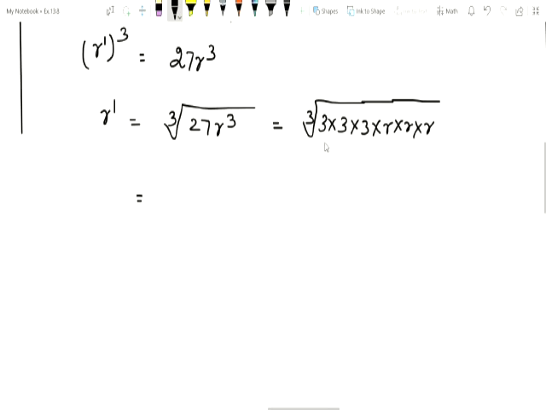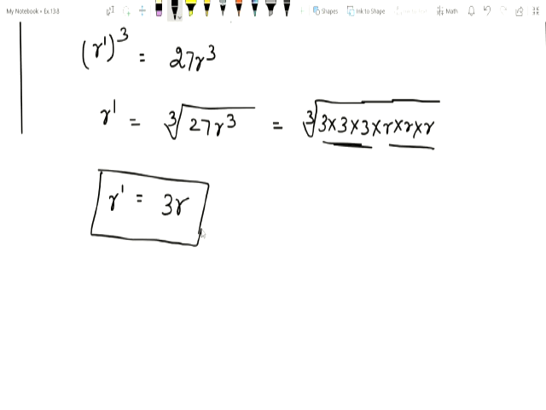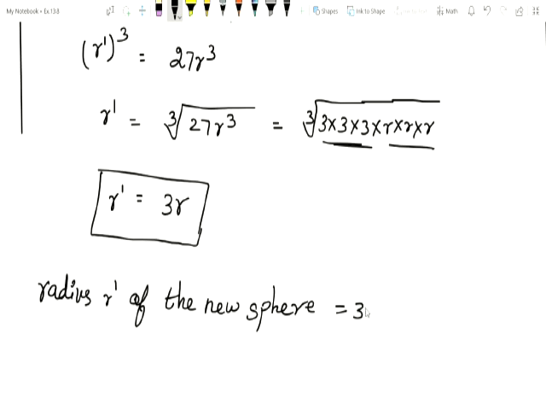So cubic root means out of 3 you have to take 1 out. Okay. So 3 here 3 R's are there. So 1 R you take it. So R dash equal to 3R. So the radius R dash of the new sphere equal to 3R. Okay.